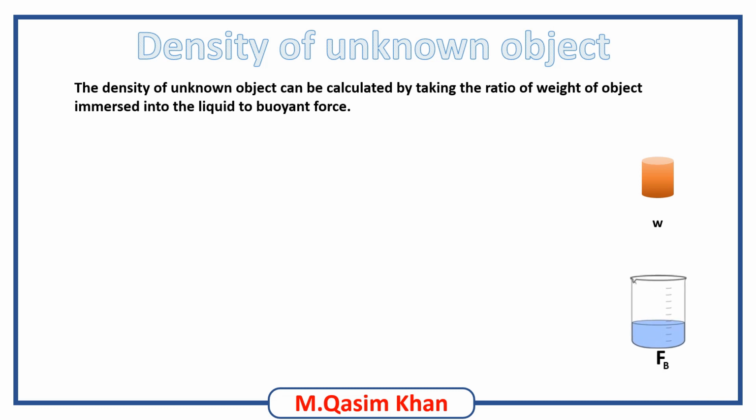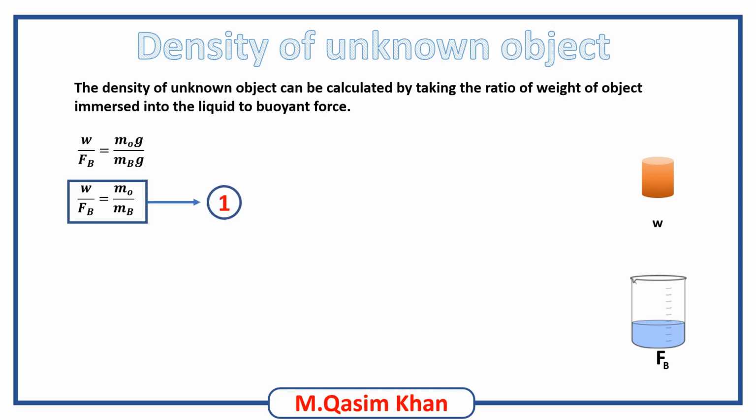So the ratio becomes MO times g by MB times g. g cancels out from numerator and denominator and we get MO by MB. For now, we will label this fraction equation 1. Here MO is the mass of the object and MB is the mass of the liquid displaced.